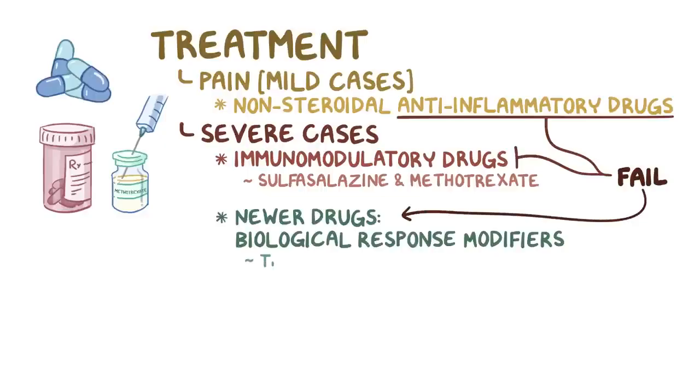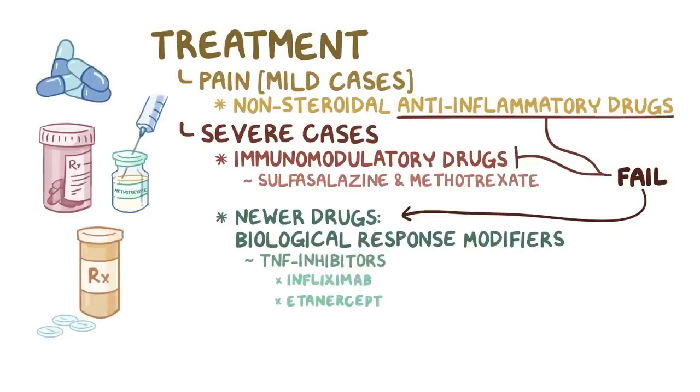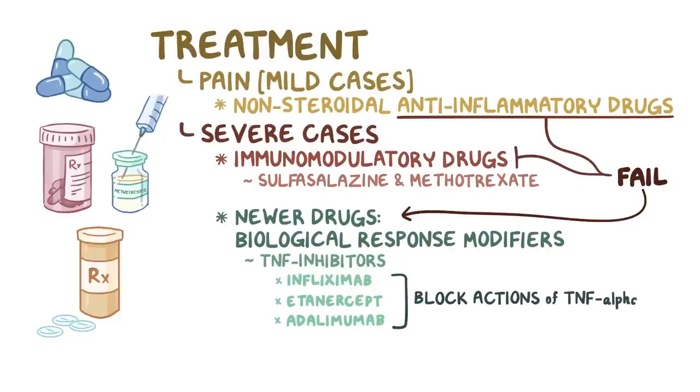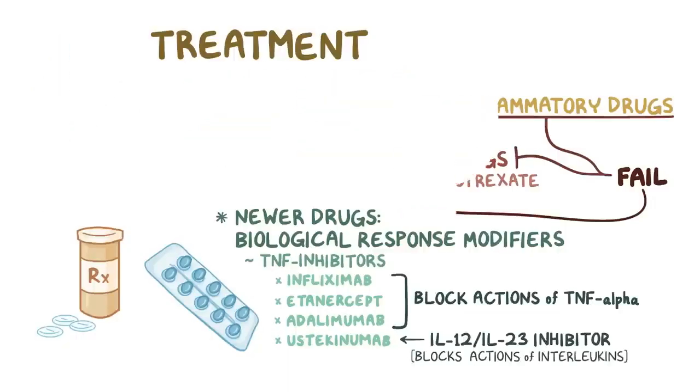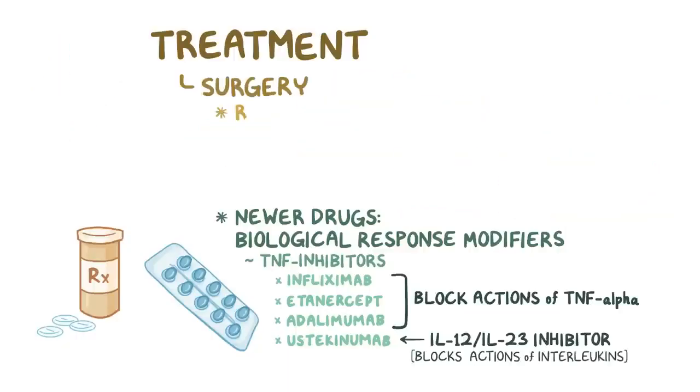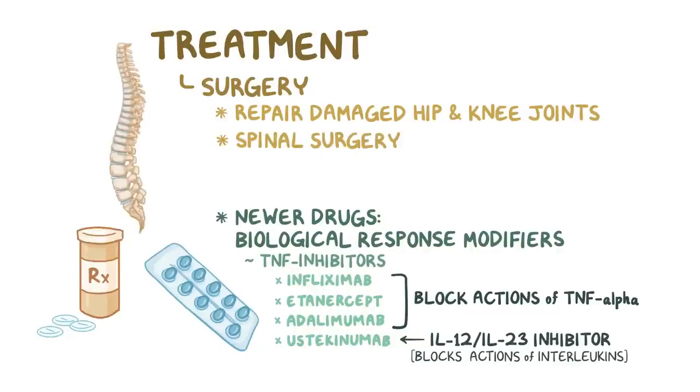These include the tumor necrosis factor inhibitors, like infliximab, etanercept, and adalimumab, which block the action of tumor necrosis factor alpha, as well as the interleukin-12, interleukin-23 inhibitor ustekinumab, which blocks the actions of the interleukins.